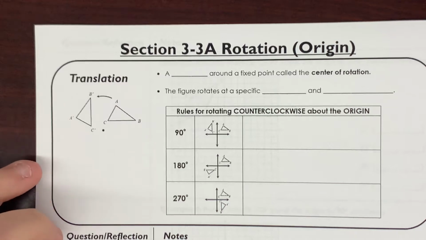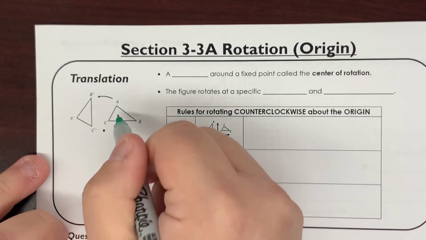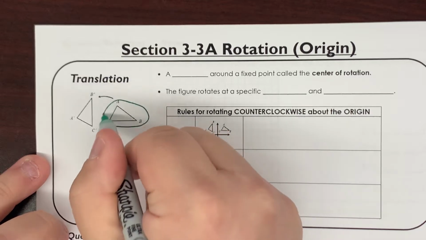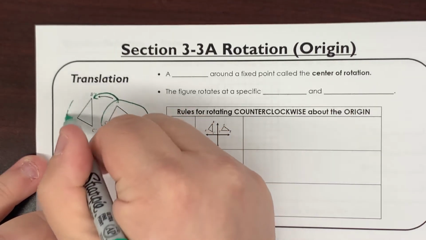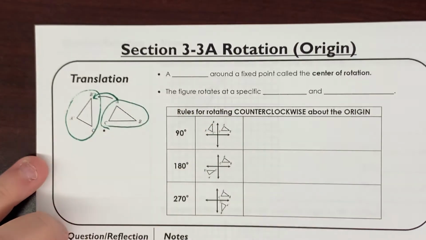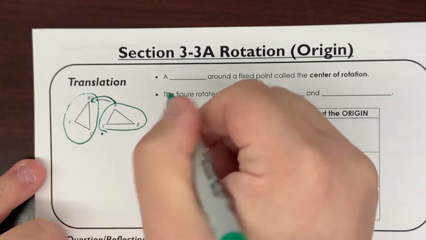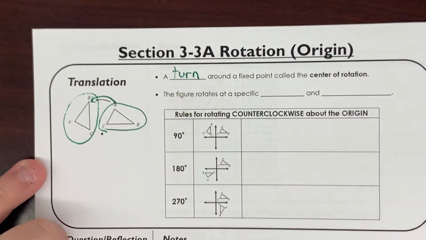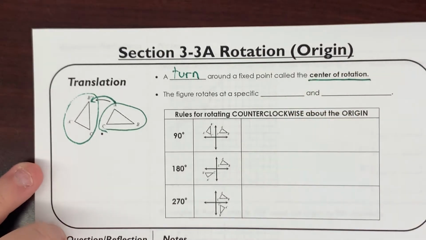So, since we are going to be taking a look at how this will actually go, we are looking at a rotation here, which if you look at the picture, we take this original triangle, ABC, and it is rotated to become this triangle, A prime, B prime, and C prime. Rotations are nothing more than a turn around some fixed point, and that fixed point is called the center of rotation.